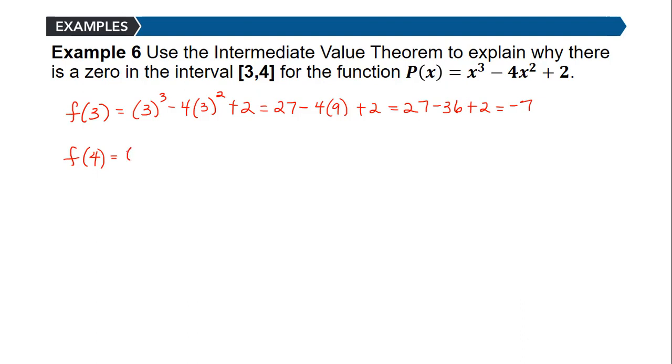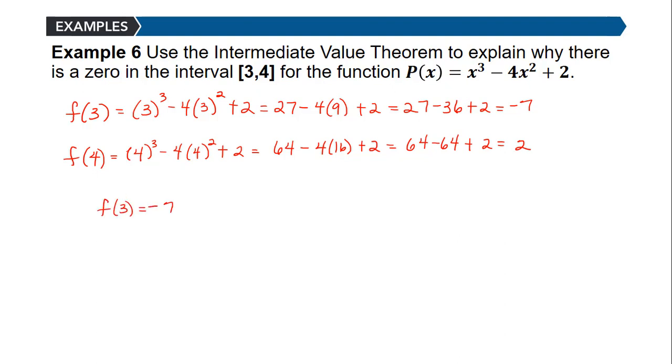Then f of 4 is 4 cubed minus 4 times 4 squared plus 2, which is 64 minus 4 times 16 plus 2. But 4 times 16 is 64, so 64 minus 64 plus 2 is 2. So notice that f of 3 is negative 7. f of 4 is 2.